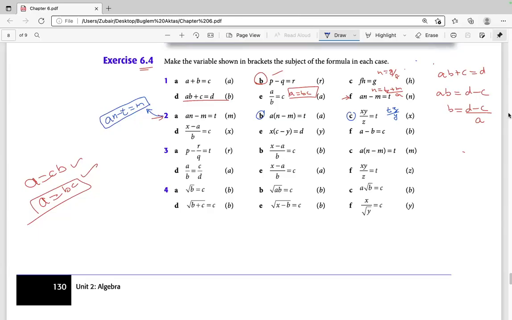X equals T over ZY or YZ. Z is in the numerator, T is in the numerator, Y is in the denominator. See, we have XY over Z equal to T, and we have to make X the subject. So first step, I'm multiplying Z on the other side. So that is XY equals Z into T, and then dividing Y on the other side. So ZT over Y.